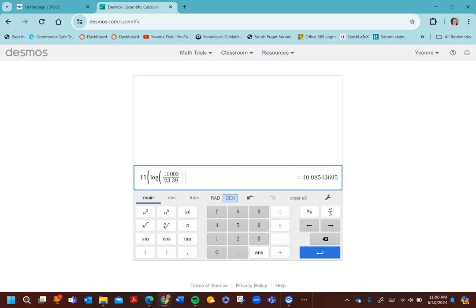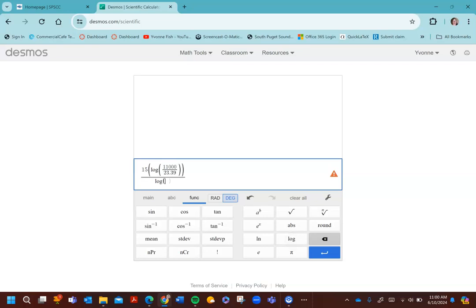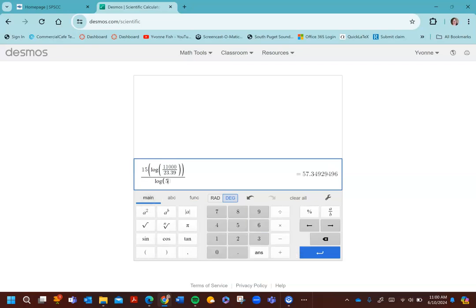And then we still need to do parentheses. Make sure you go up from the denominator when you're putting your parentheses in there. And then we need to divide all of that by the log 5.